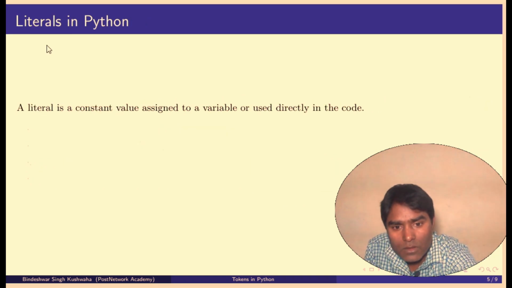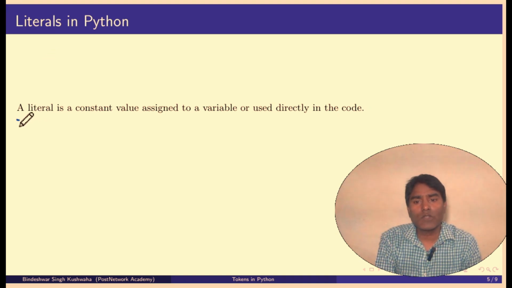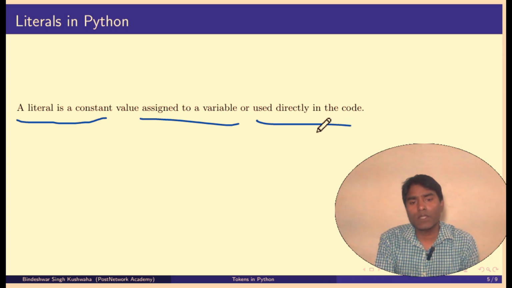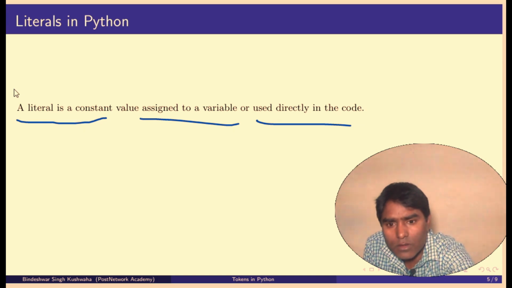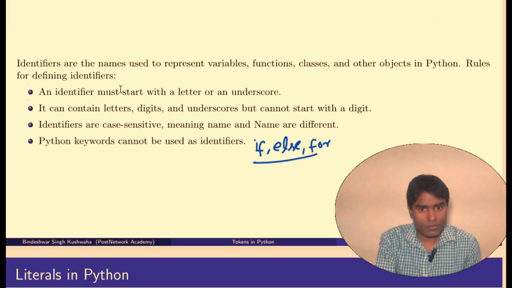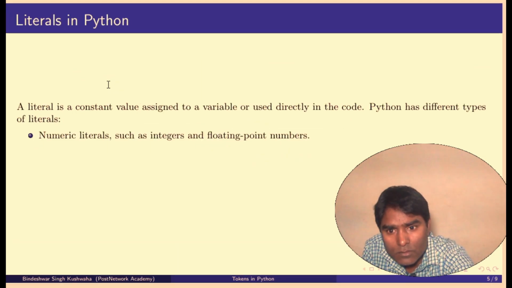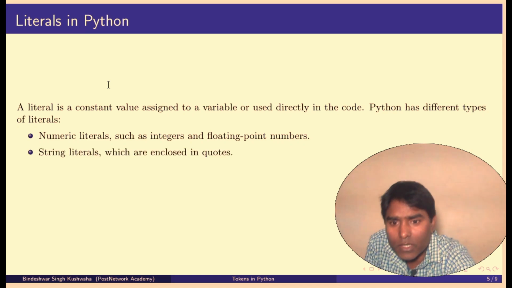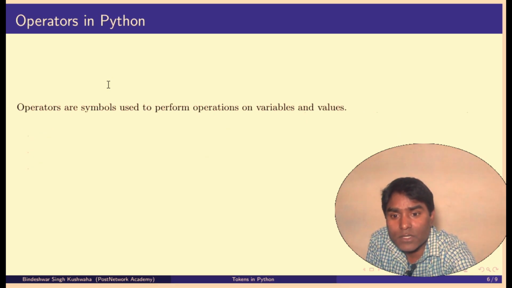Now literals. A literal is a constant value assigned to a variable or used directly in the code. Let us see some examples. Numerical literals such as integers or floating point numbers, string literals which are enclosed in quotes, and Boolean literals.